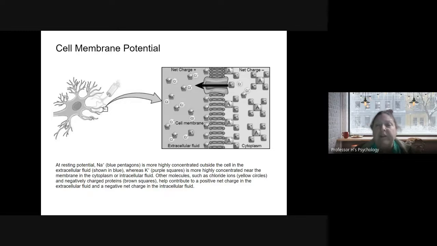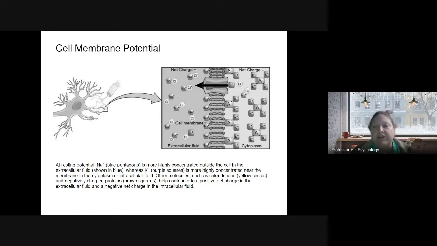Now, if you've ever played with magnets, you will know that if you put two positive sides of the magnet together, they're going to resist one another and push apart. They will not click together. If you turn it around and you have one positive and one negative part of the magnet, they snap together really quickly. Well, that's what's happening along this cellular membrane.